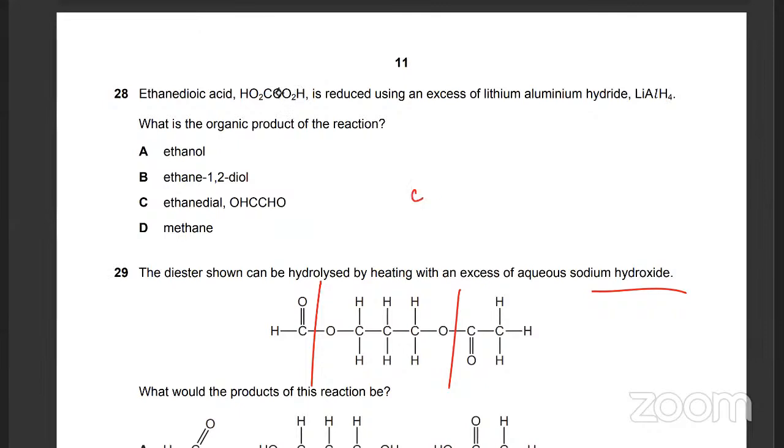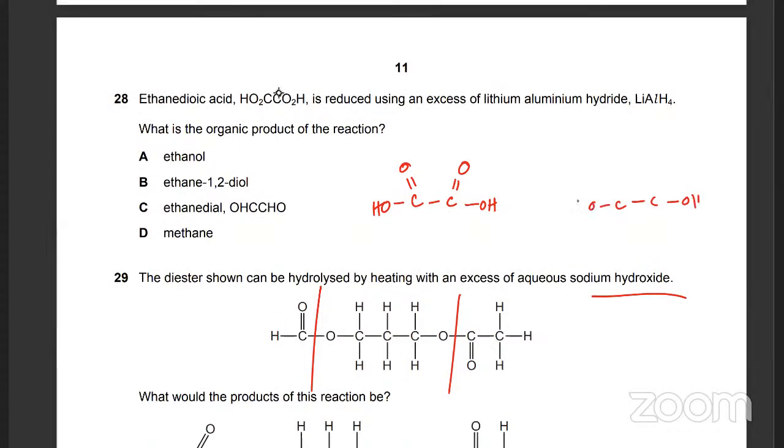You had a carboxylic acid, but now you'll have alcohol on both sides. It could also stop at an aldehyde, but since they're using an excess of LiAlH4, an aldehyde is out of the question. What is the name of this molecule?